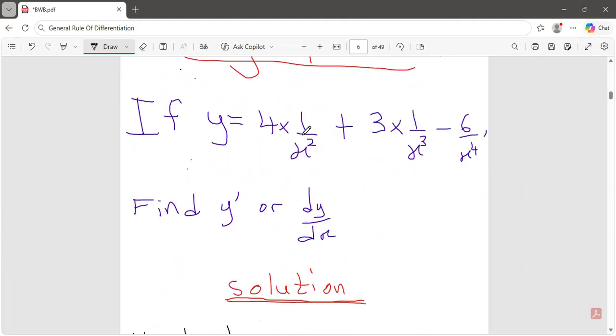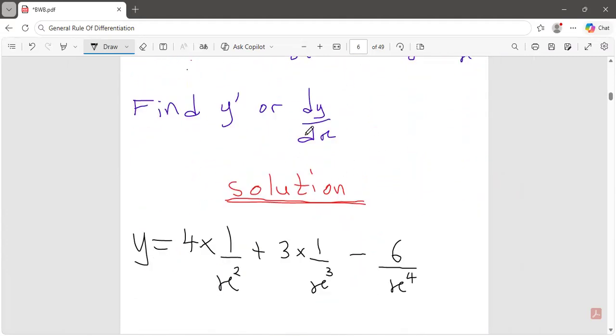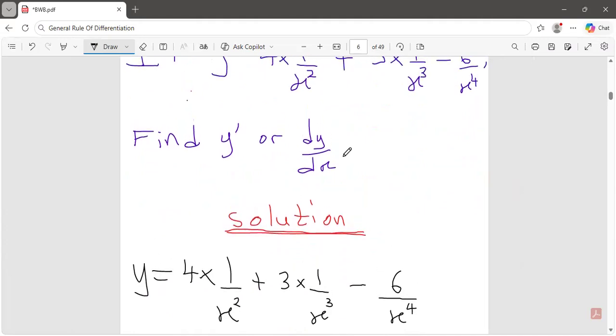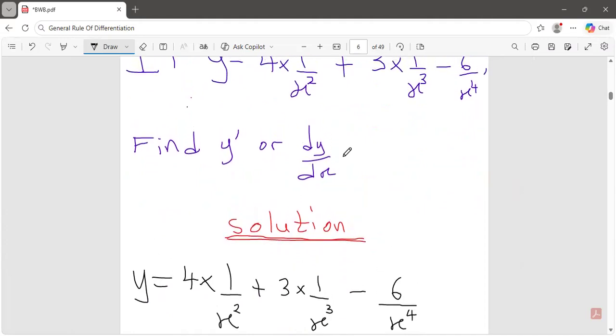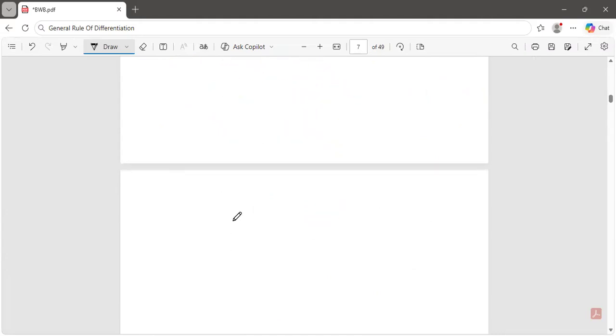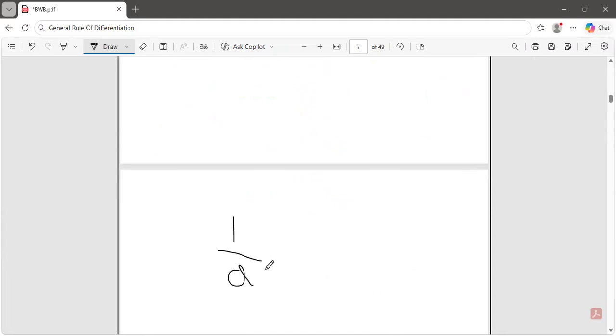I want to give everyone a little time to jot down the question. Once you write it down, we can all proceed. Anytime you see something like 1 over a, as a smart student, you should know that this is the same as a exponent -1.